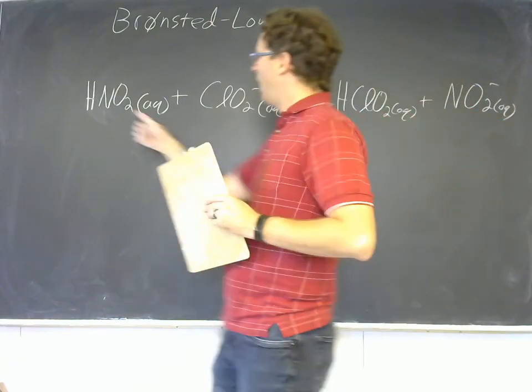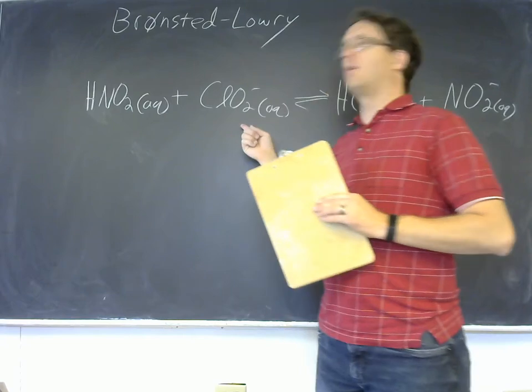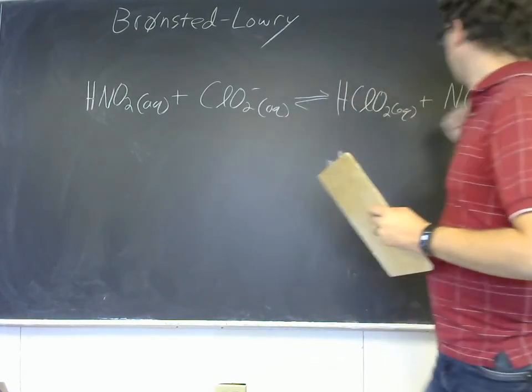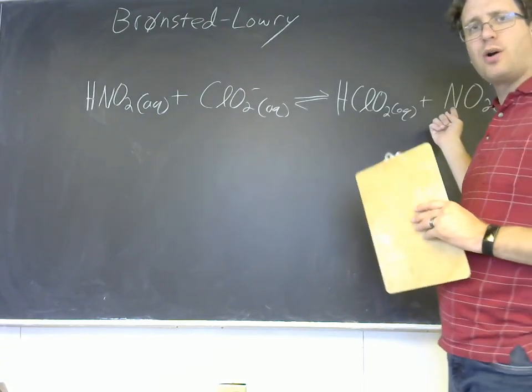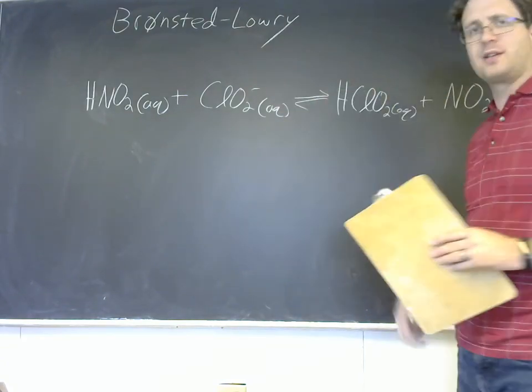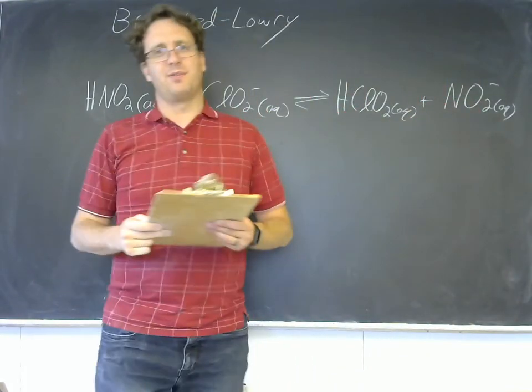And nitrous acid is an acid, and chlorite ion is a base, but there's no H plus or OH minus, neither as a reactant nor as a product. And so Arrhenius theory really doesn't have anything to say about this reaction.